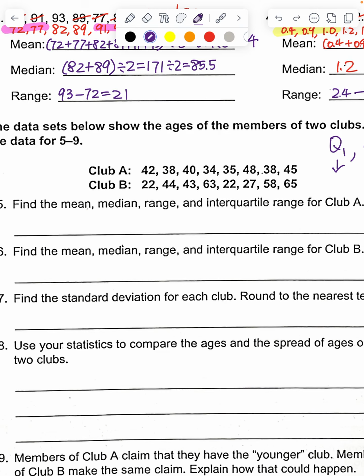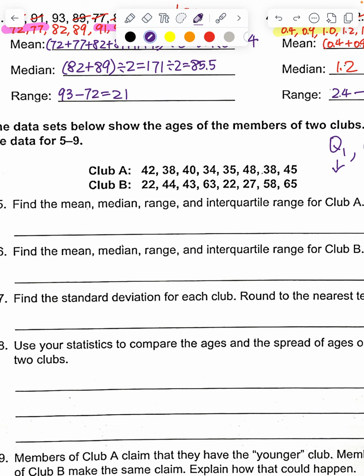Next one, 38, and then we have another 38. After 38 is 40. After 40, 42. After 42, 45. And then 48. Oh wow, I got all the numbers finally.